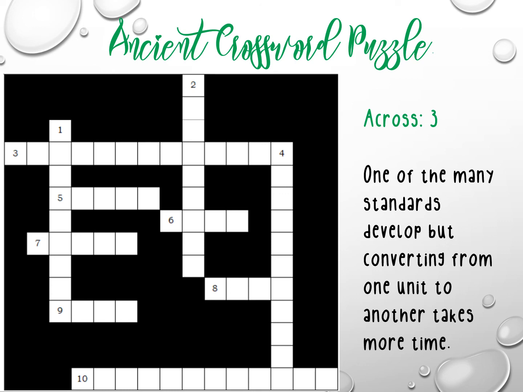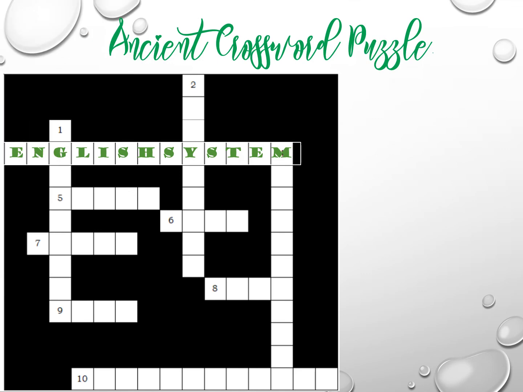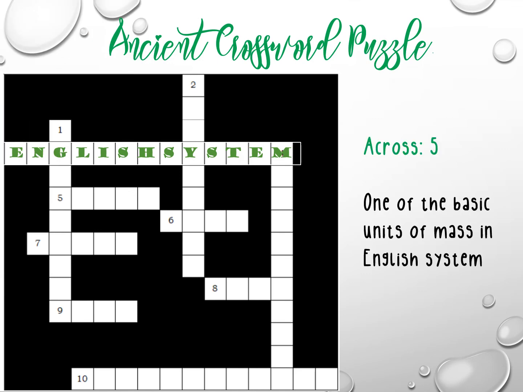What is the answer here? Yes, the answer is English system. Next one. Across 5. One of the basic units of mass in English system. So 5 letters siya? Yes, the answer is pound.